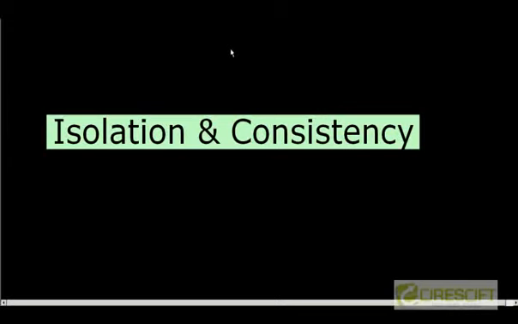In this tutorial, we are going to discuss the remaining two properties of a transaction, which are isolation and consistency. In any RDBMS system, there are four different types of isolation level.